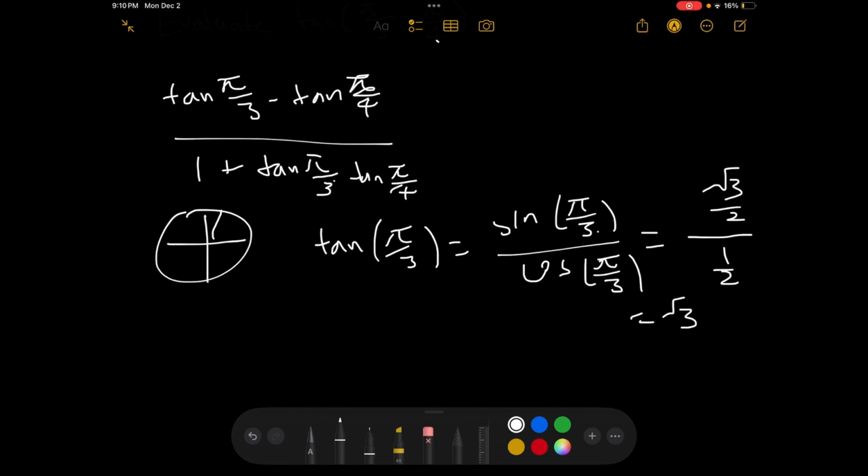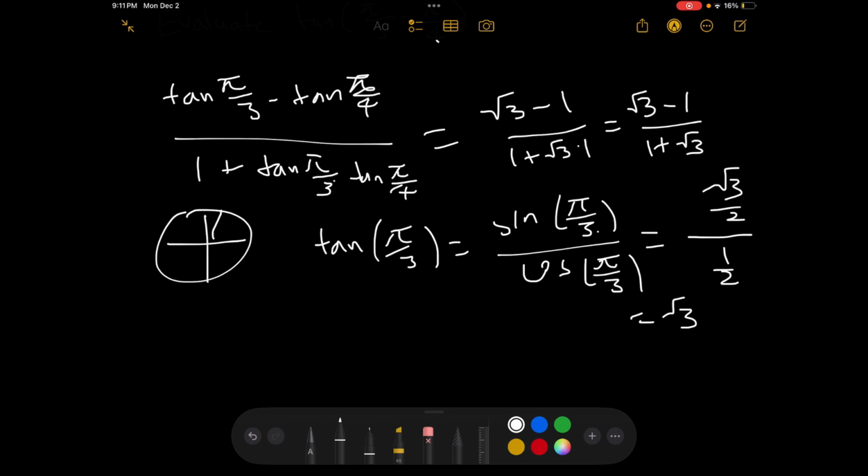Go back to our fraction up here. We can plug these values in, and we get root 3 minus 1 divided by 1 plus root 3 times 1, which is root 3 minus 1 over 1 plus root 3. Now, let's just rationalize the denominator. So, root 3 minus 1 times root 3 plus 1.